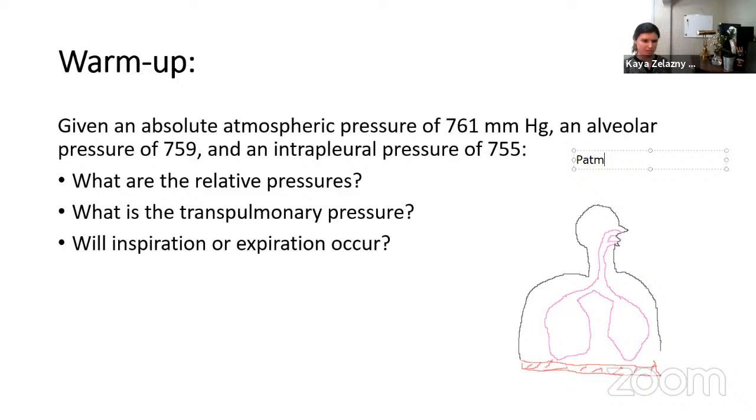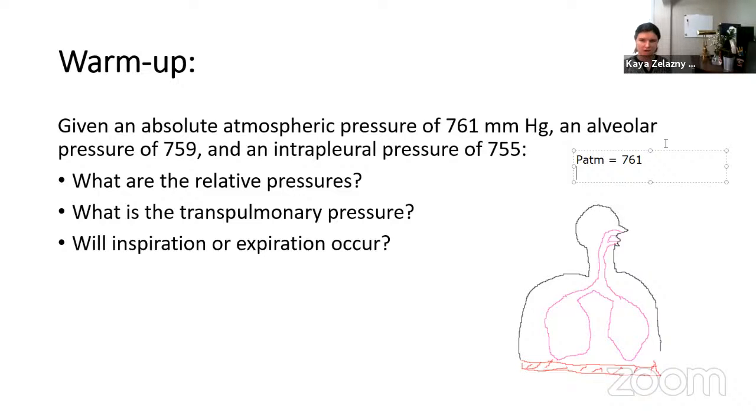Our atmospheric pressure we know is 761, but we're trying to get to relative pressures. And so the way we do that, to get from an absolute pressure to a relative pressure, is we're going to be defining all of our pulmonary pressures with respect to that atmospheric pressure. So we have to set it equal to 0.